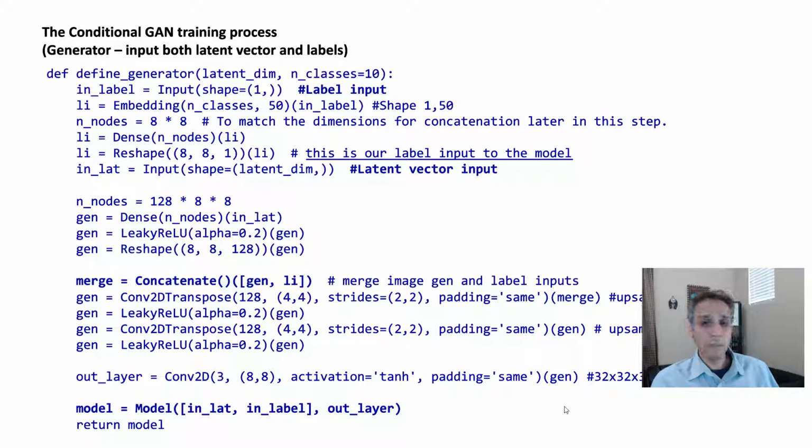Our generator is going to be very similar. It used to take only a latent vector as input to generate fake images. Now it needs the latent vector and the class information as input.